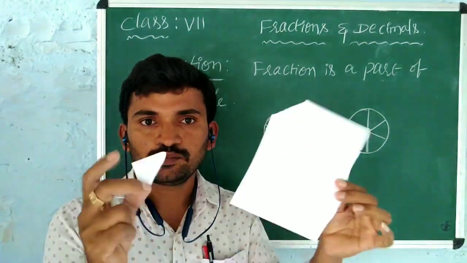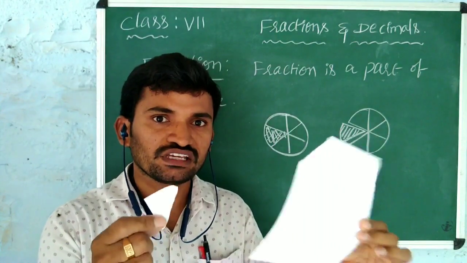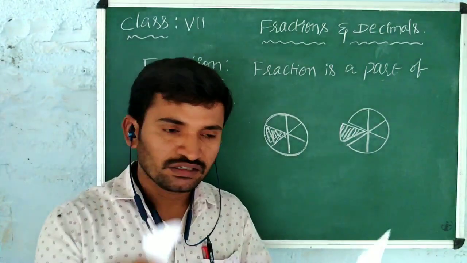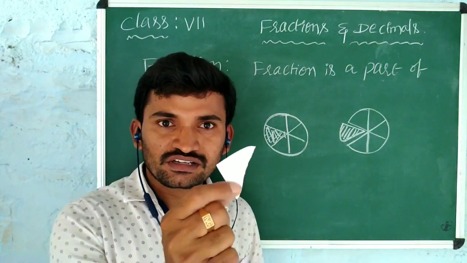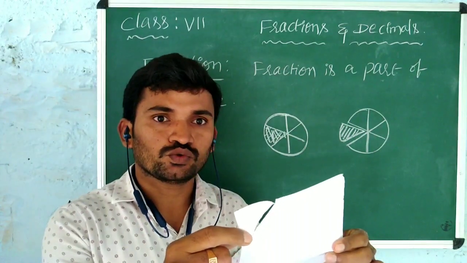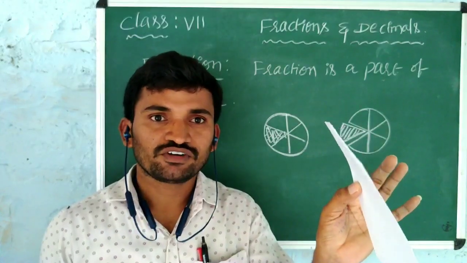Shall we say these two parts are equal? We cannot say these two parts are equal. It is a part, it is also a part, but it is not a full paper. Why? Because we tore it.